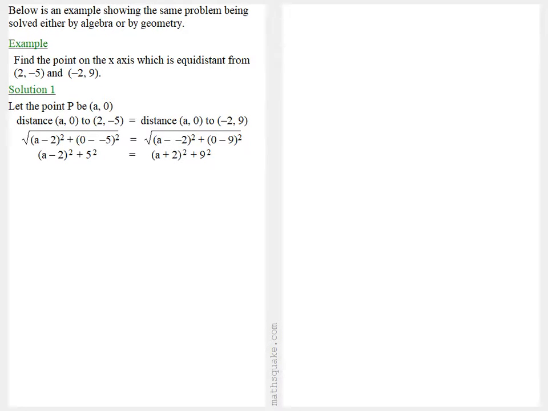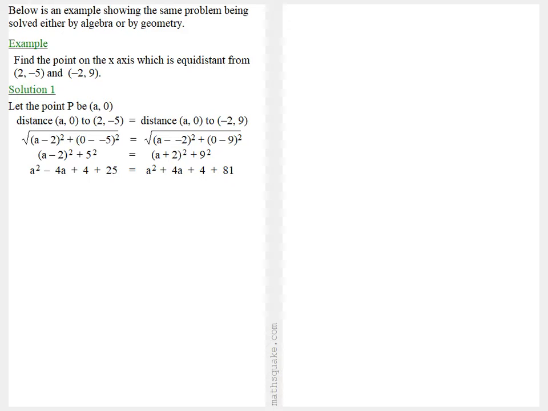Now if we square both sides, this gives us (a minus 2) all squared plus 5 squared equals (a plus 2) all squared plus 9 squared. If we expand the brackets, we get a squared minus 4a plus 4 plus 25 equals a squared plus 4a plus 4 plus 81.